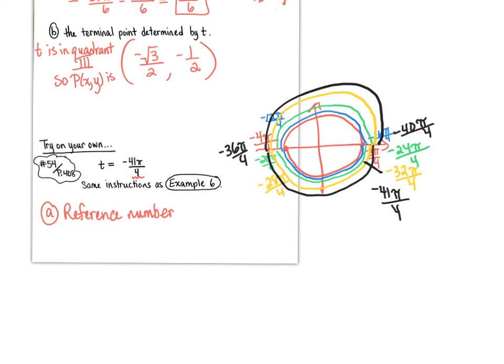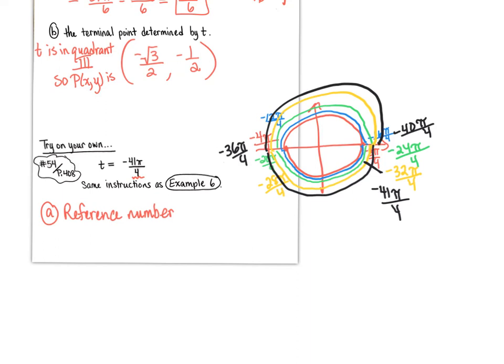Thankfully, we used colors. So the red going around once gave us negative 2 pi, right? Going around with the blue gave us negative 4 pi. Green gave us what? Yellow gave us negative 8 pi, and then the black gave us negative 10 pi.